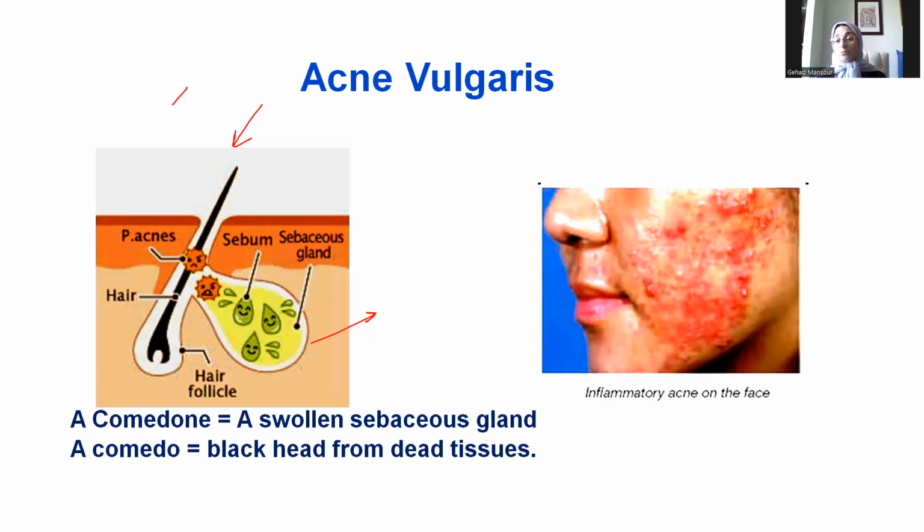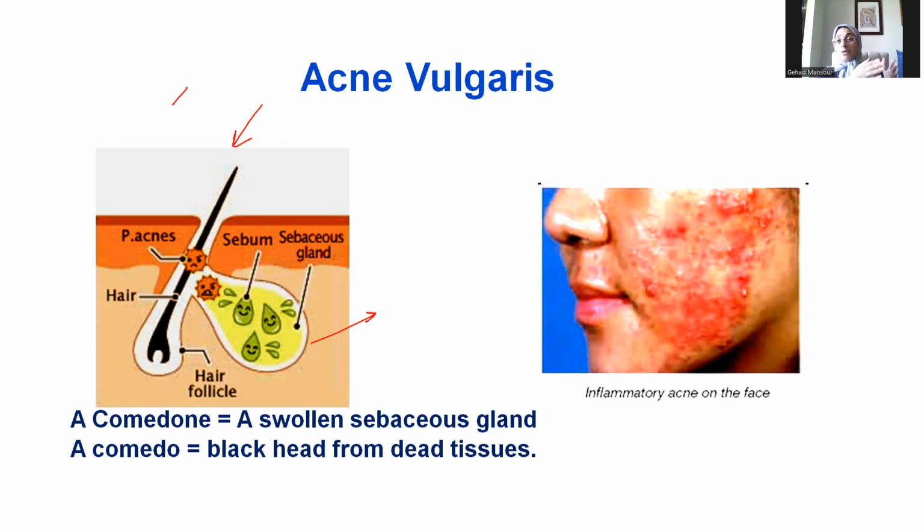We have P. acnes, which used to be friendly, but after having been imprisoned in the sebaceous gland, it will get mad, it will turn pathogenic, and it will cause inflammation. So the comedone, which was originally just a swelling with the same color as the skin, after P. acnes gets mad, becomes red and inflamed because of the inflammation caused by P. acnes. And this is how hormonal changes cause acne vulgaris.